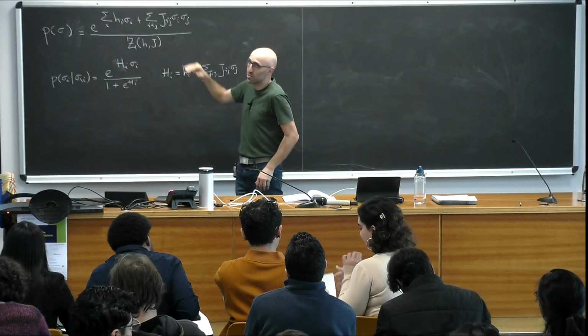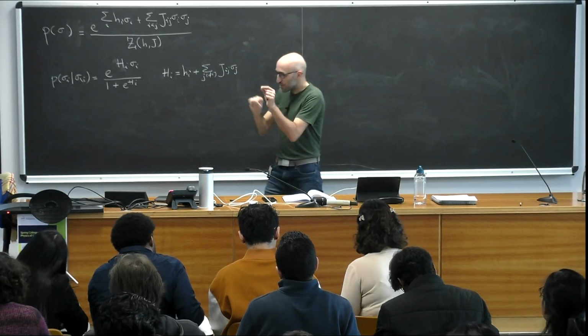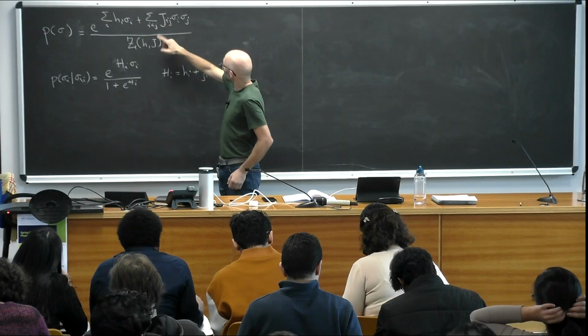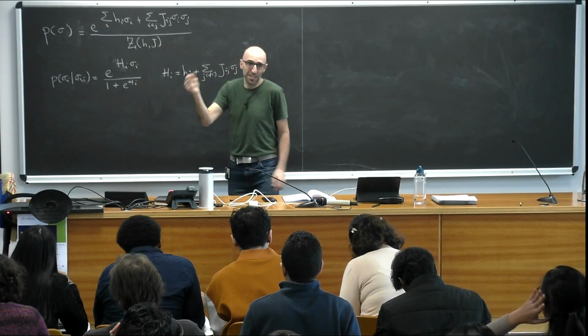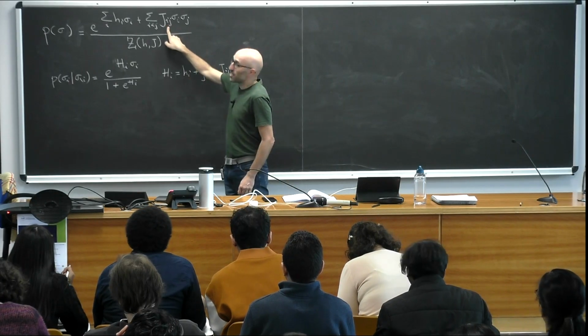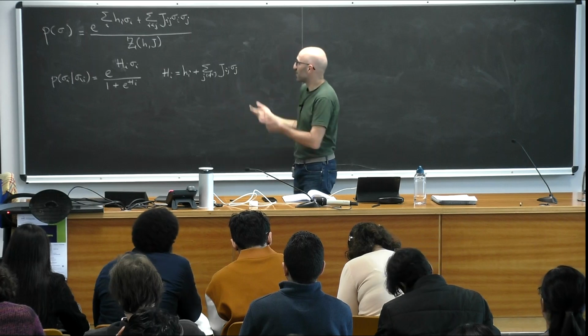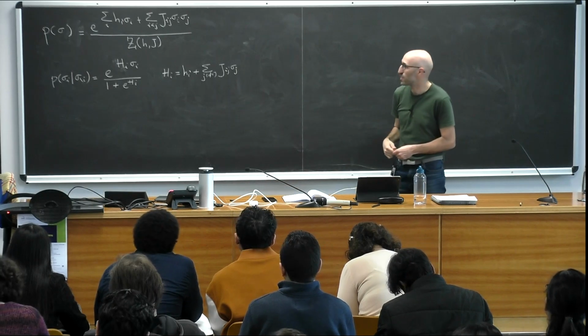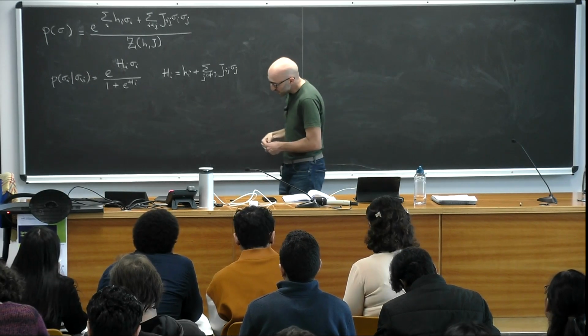And these interactions form a graph, where the graph is the set of pairs ij such that J_ij is non-zero. So there is a direct interaction between the two variables.